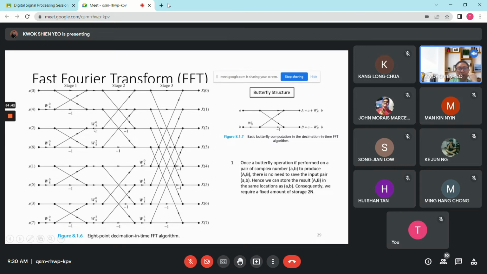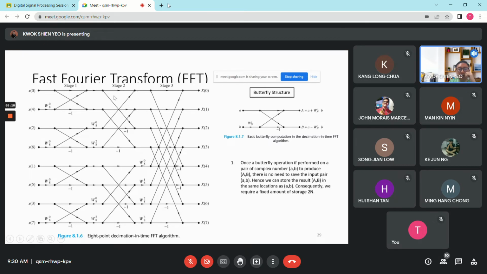If you see here, this W8^0, W8^2 is actually W4. That is slightly different from what I sketched, but if you move them back to line up here, you still get the answers.